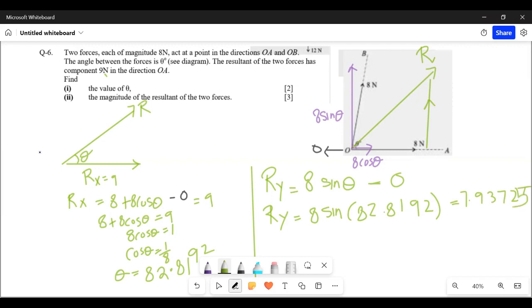So R is going to be the square root of Rx, which is already known, 9 squared, plus 7.93725 squared. I get 12 exactly, which is correct.